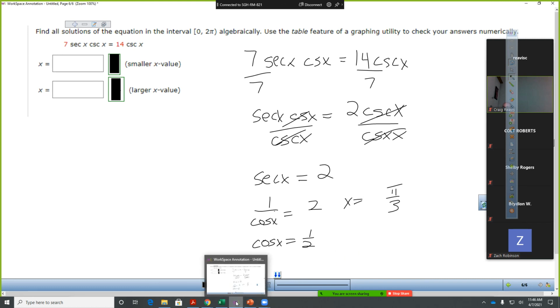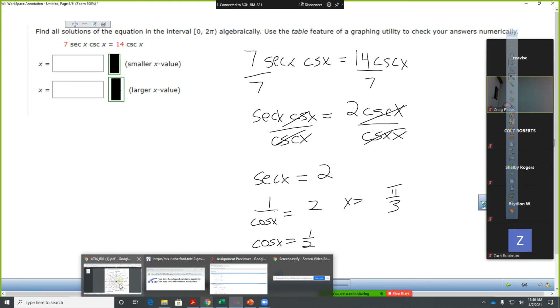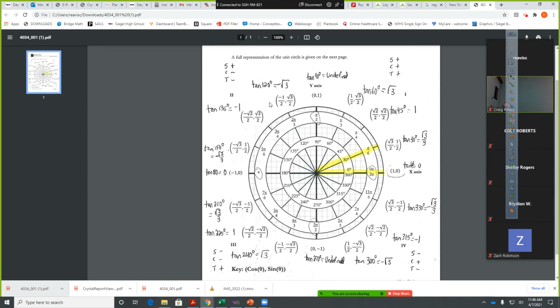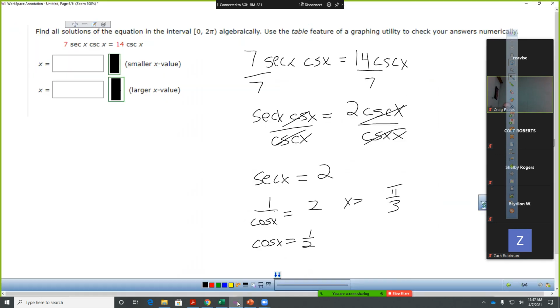Is this one going to be where it splits in half, or are we going to have to write it 2 different ways? 1/2 was right there at pi over 3. Where else is a positive 1/2 on the x coordinate? Right here at 5 pi over 3. So they are not splitting in half. They are not 180 degrees apart. So I'm going to have to also put 5 pi over 3.